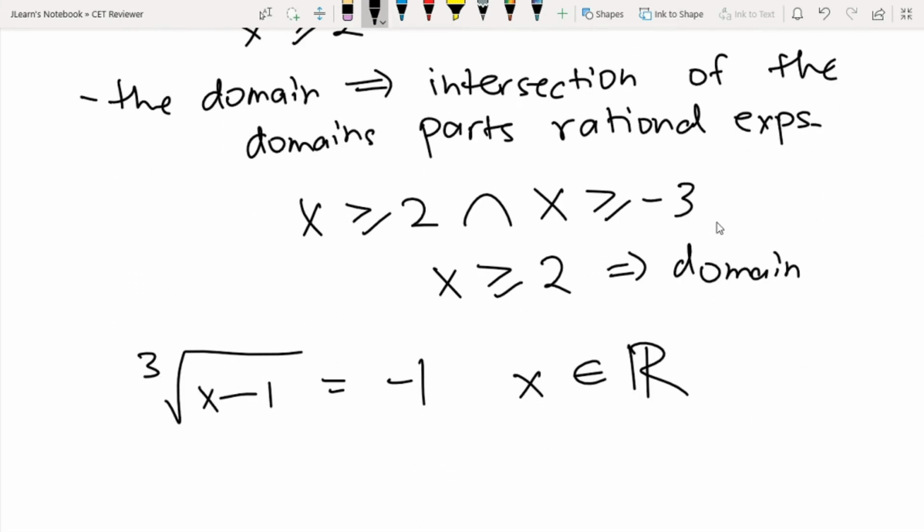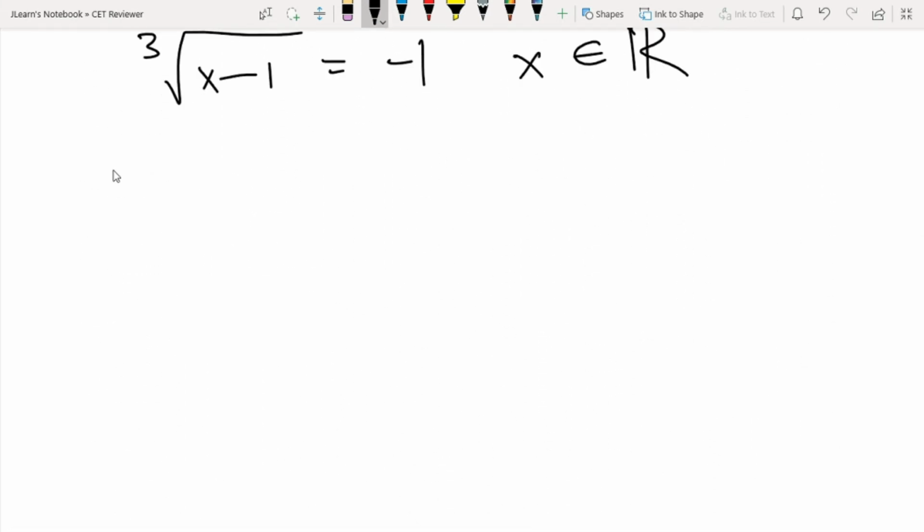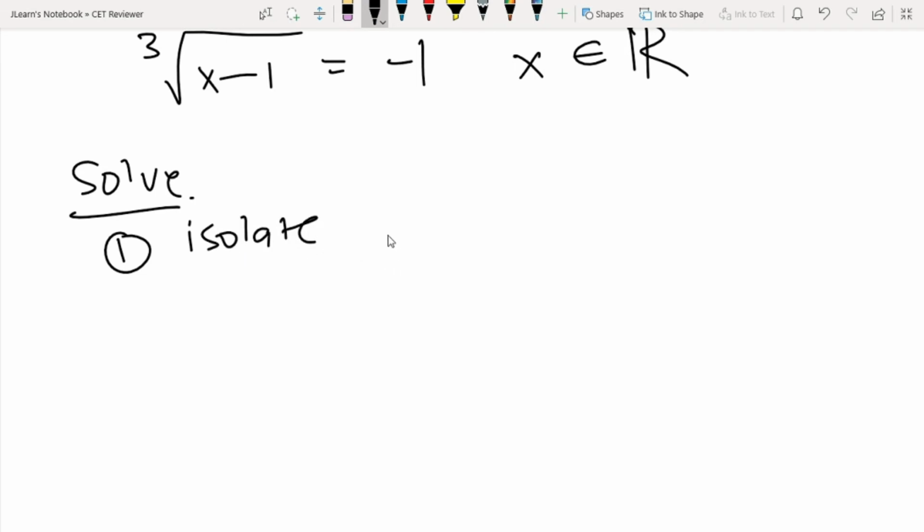So, now, let's move to solving, no? On how to solve radical equations, no? Solve. Ito yung importante. So, what we do is, we first isolate a radical on one side.